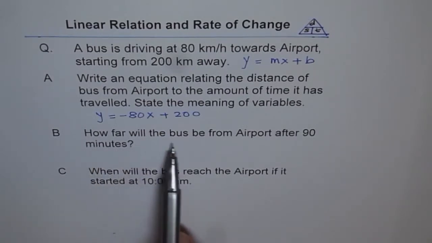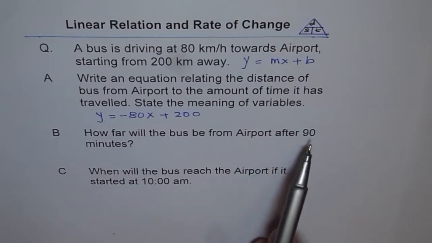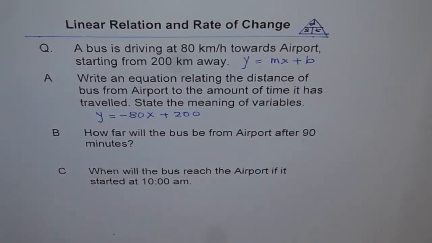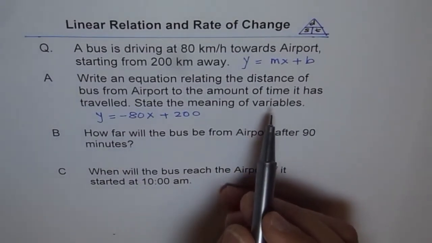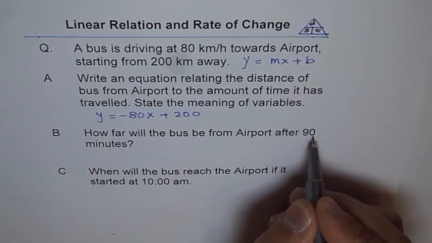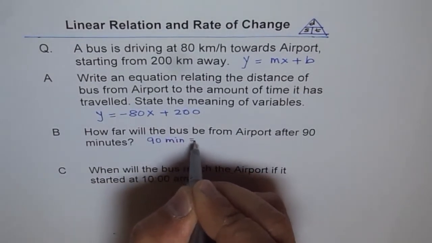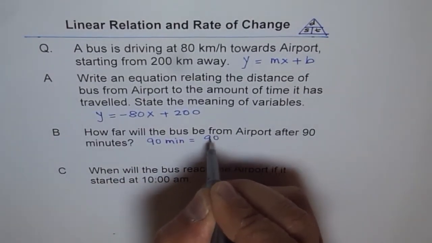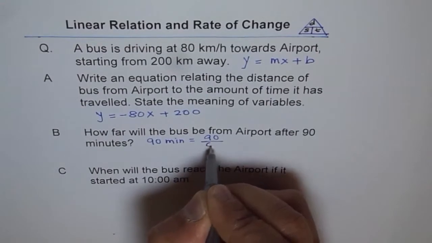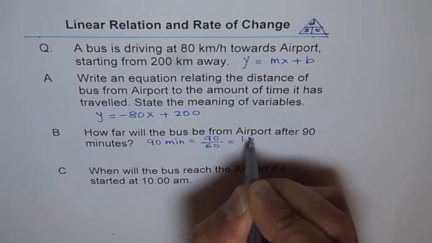How far will the bus be from the airport after 90 minutes? Now remember, our units are hours, not minutes. So we need to convert 90 minutes to hours. So 90 minutes equals 90 divided by 60, which will give us 1.5 hours.